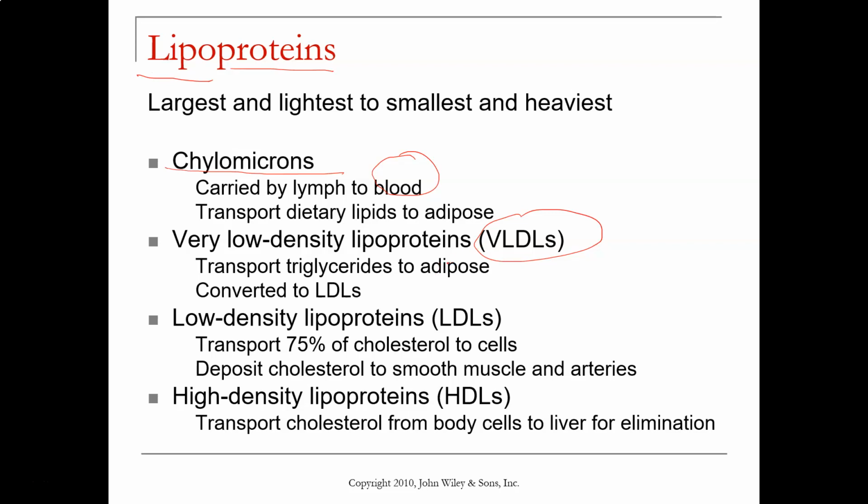And actually what's left, triglycerides and also cholesterol, is now what we call LDL, low density lipoproteins. So it's a little heavier than the VLDLs because some of the lipids are removed. And this is the form in which we transport a majority of cholesterol to our cells. Okay, so they need it, again, for making cell membranes, for instance.